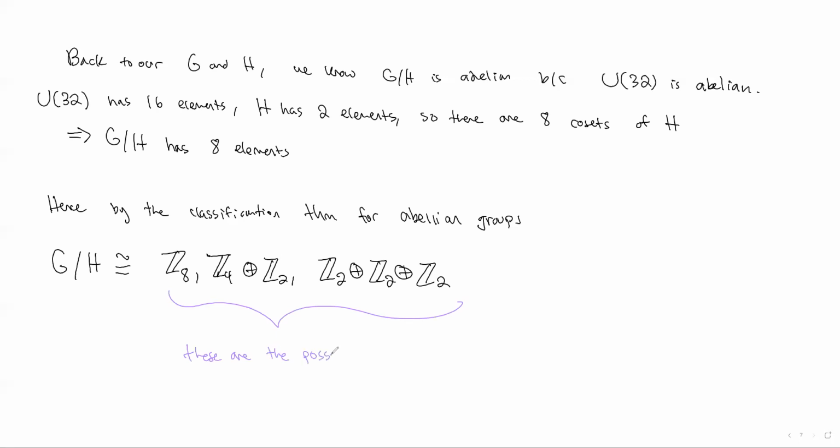These are the possible products of cyclic groups containing 8 elements. Okay, so now we want to figure out which one it is.